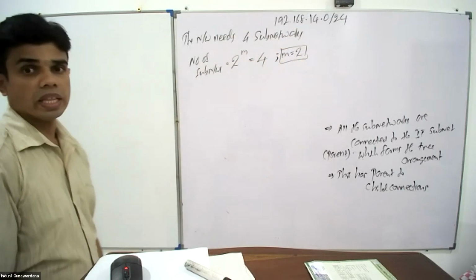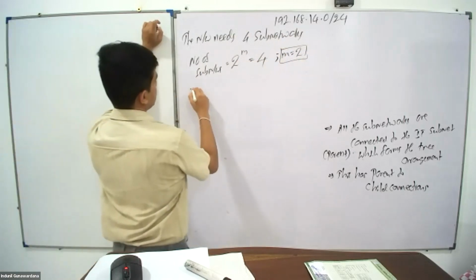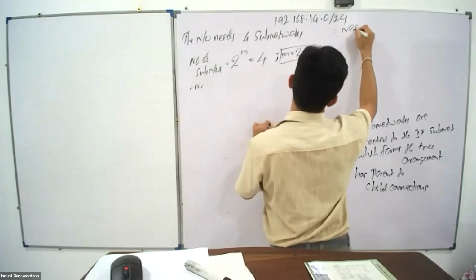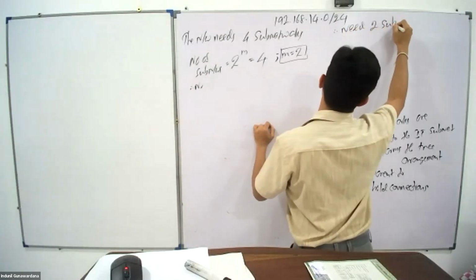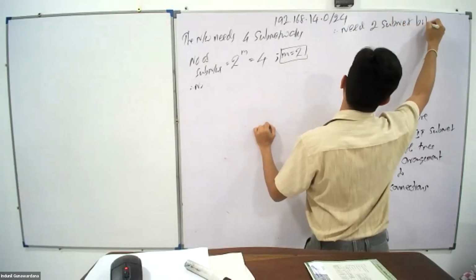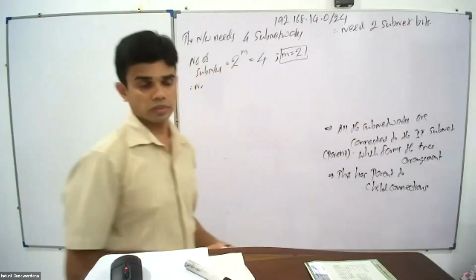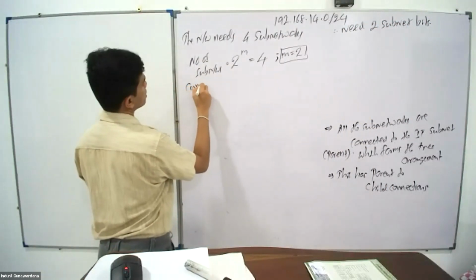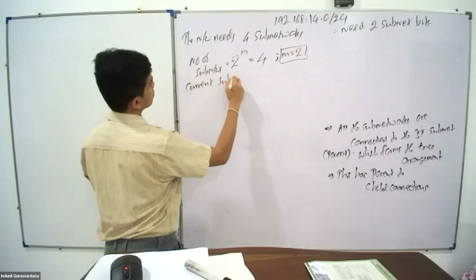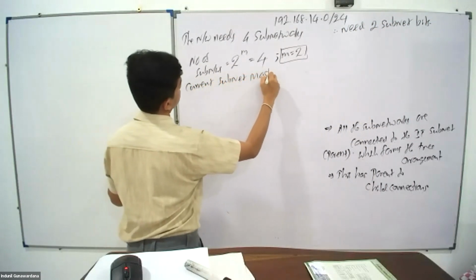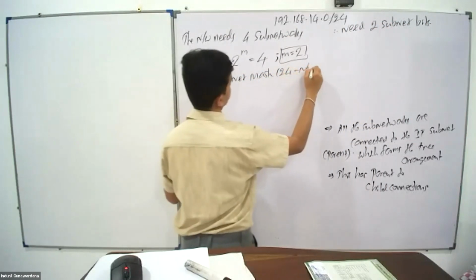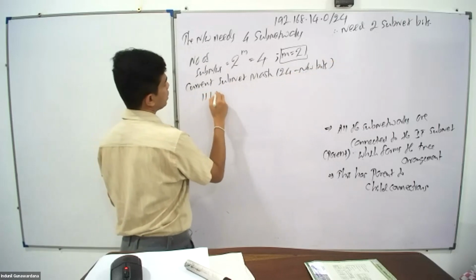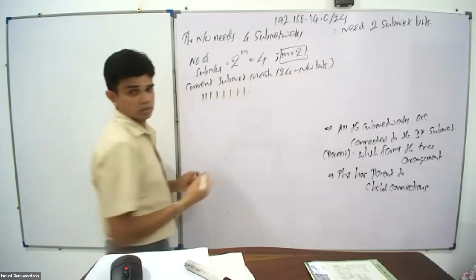M is the subnet bits. Therefore, we need 2 subnet bits. Right. Now, the current subnet mask has 24 network bits. So it's going to be 1, 2, 3, 4, 5, 6, 7, 8.